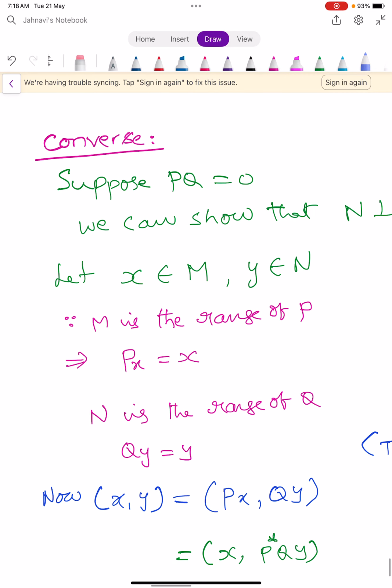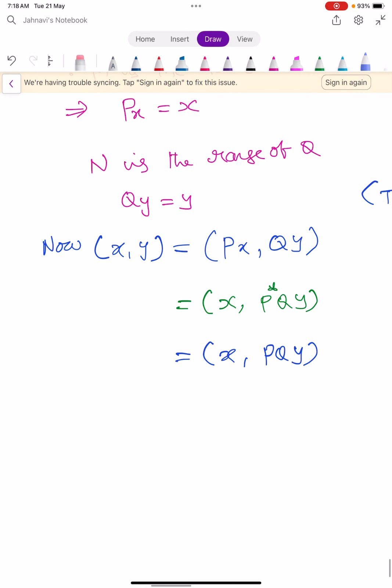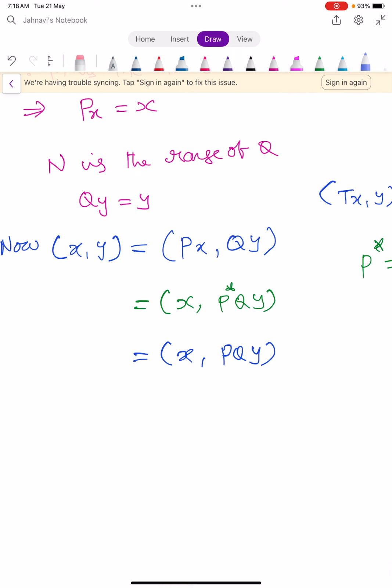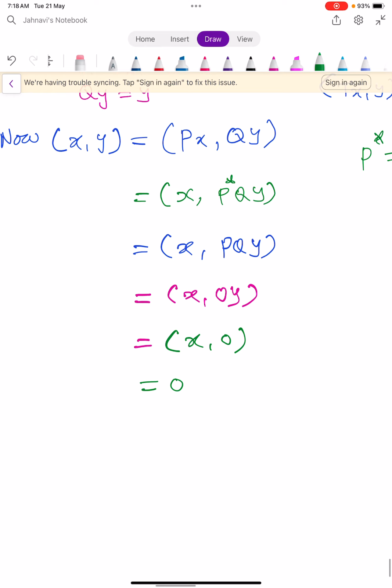In the converse part, we assumed that PQ is equal to 0. So this is the inner product of X comma 0, which is nothing but 0. Therefore, we showed that the inner product of X comma Y is equal to 0.